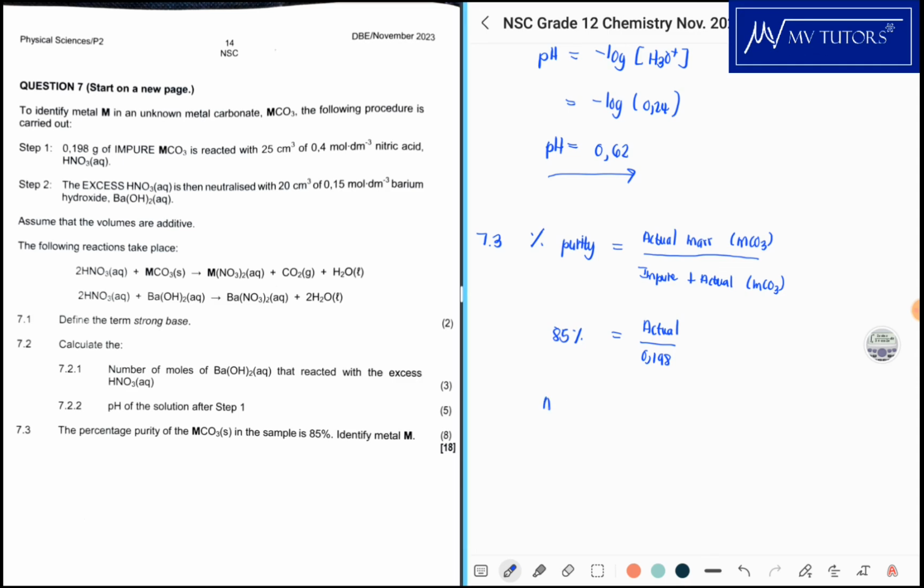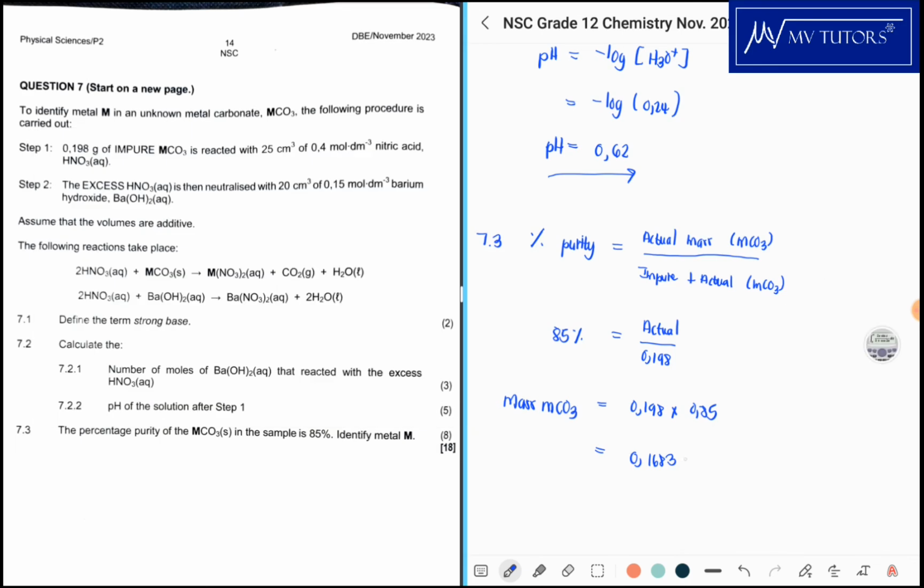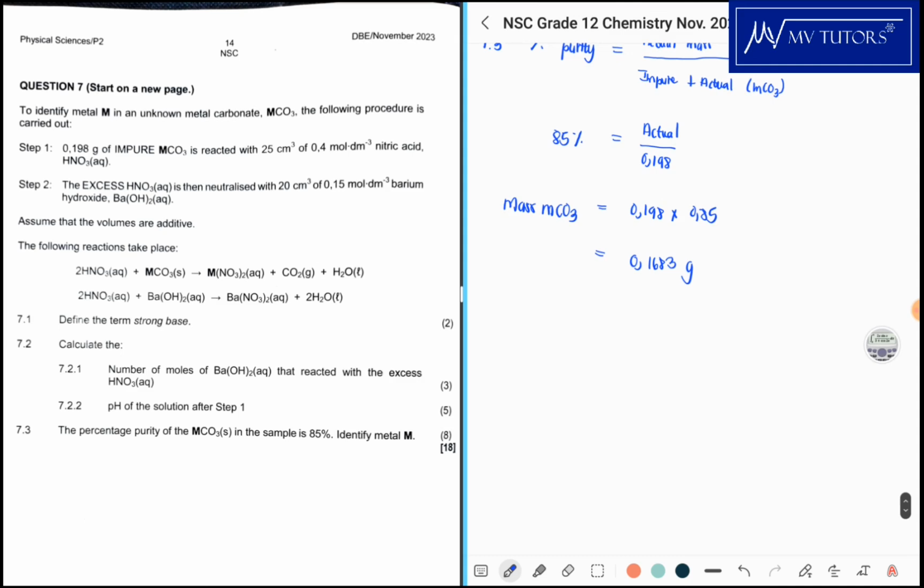So the mass of MCO3 is equal to 0.198 times 85%, or 0.85. So 0.198 times 0.85 gives us 0.1683. So that is the mass of our metal carbonate.